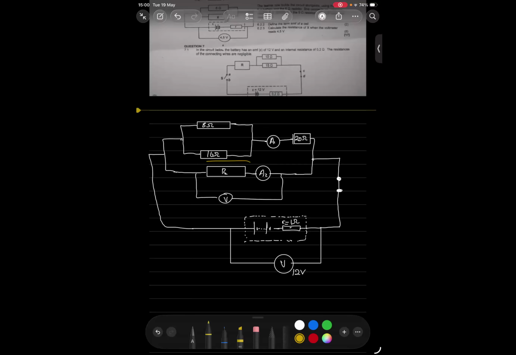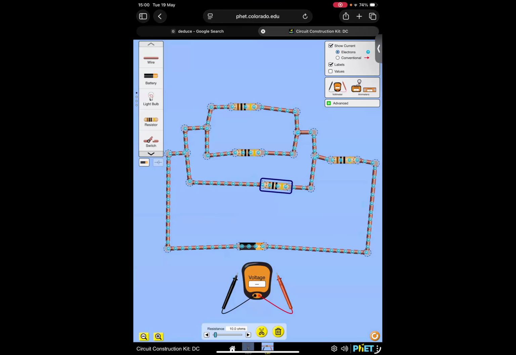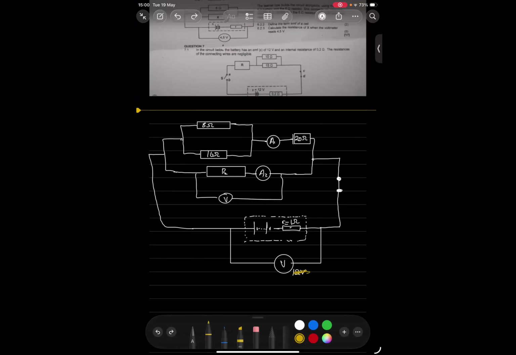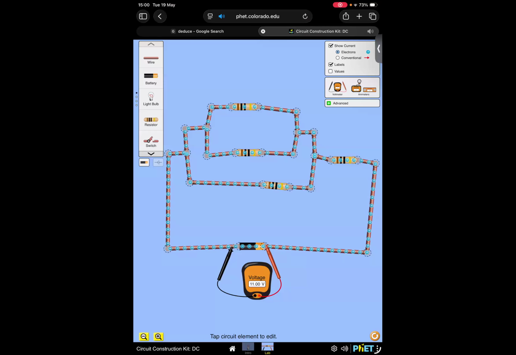Do you get that? Since I want to focus on that R, I want to assume that my battery is 11 volts. So I asked, what's going to be the voltage across the resistor R? You guys said what? 12 volts or 11 volts. So check. If I measure, this is going to be 11 volts.